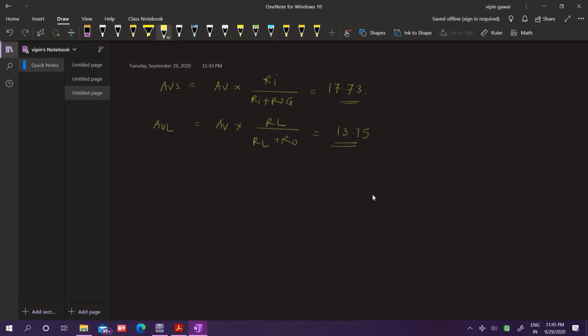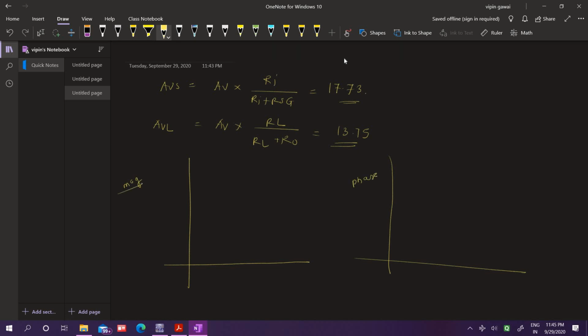Now we'll see the effect of the source bypass capacitance and the internal capacitance on the frequency response. To understand the concept of frequency response, I just draw a diagram. In the frequency response we get two plots: one is a magnitude plot and another is a phase plot.